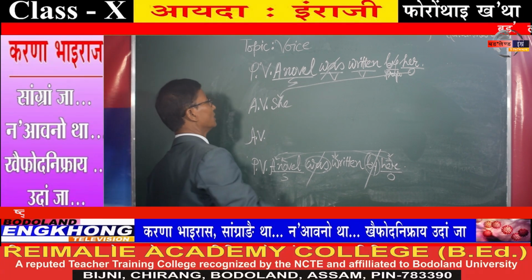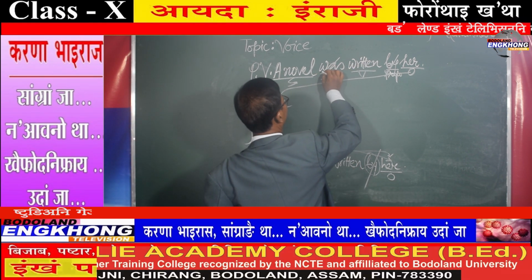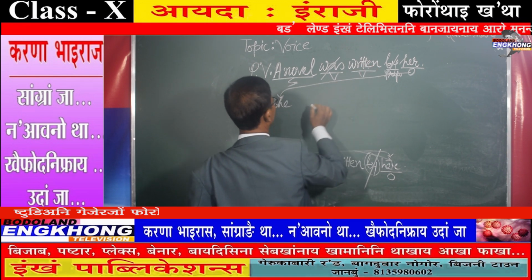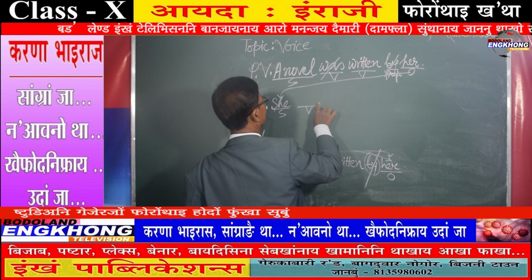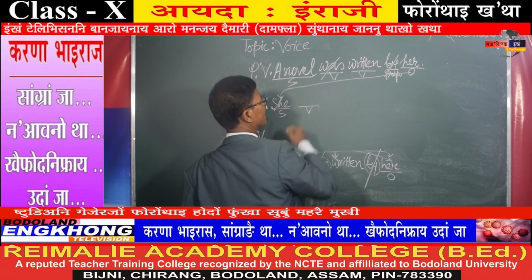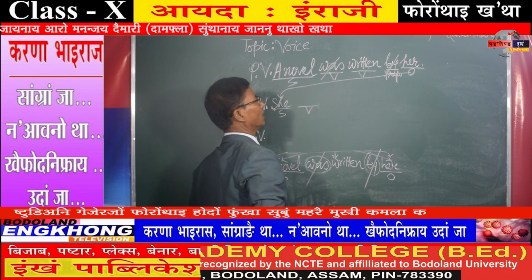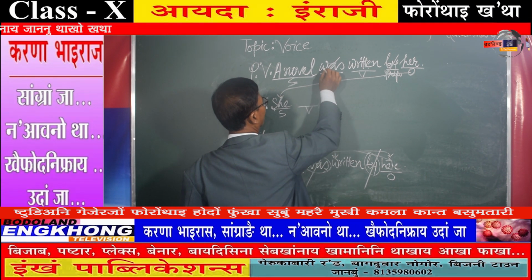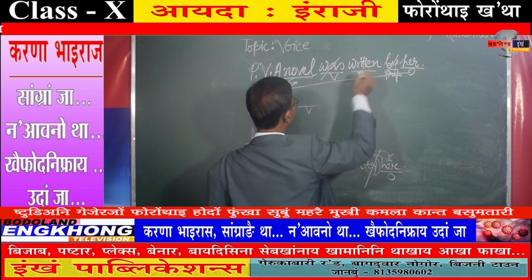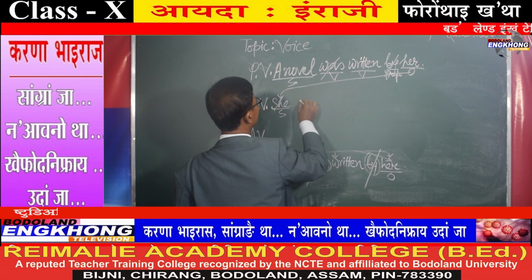Now, "was written" is past indefinite tense. You write this main verb, or principal verb, here. Only one verb will be here. Okay. "Was written" is past indefinite tense, and "was written" is in passive form. Its active form is wrote.